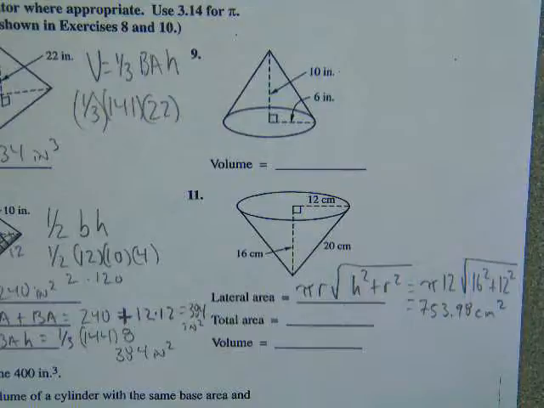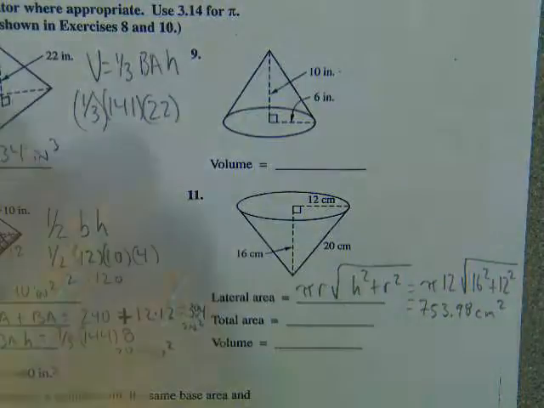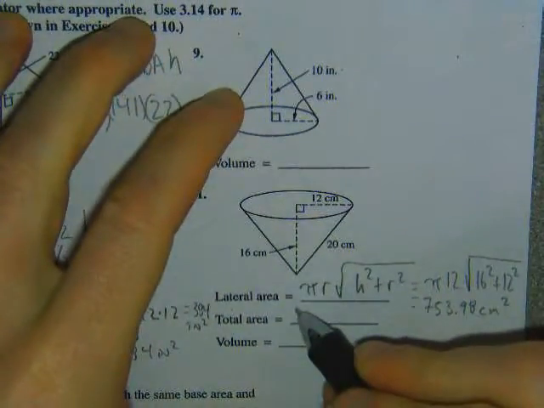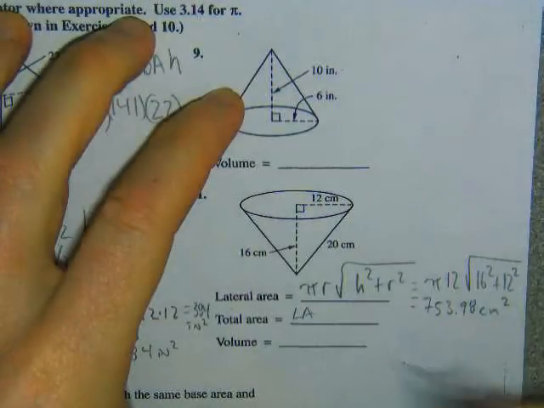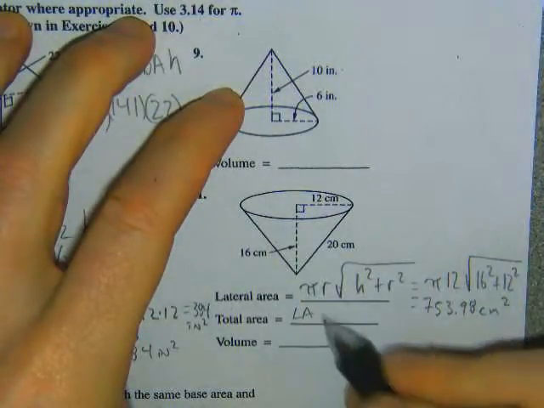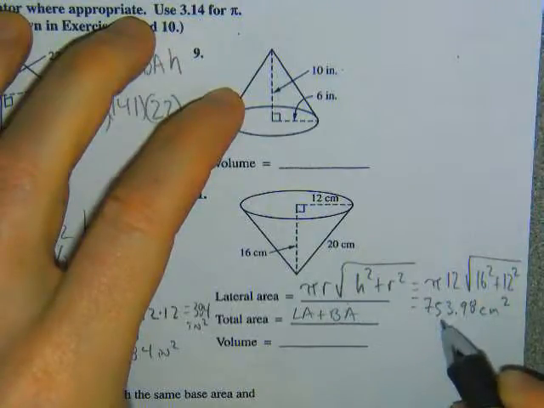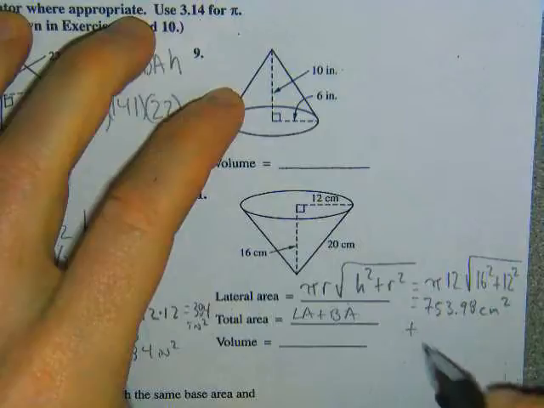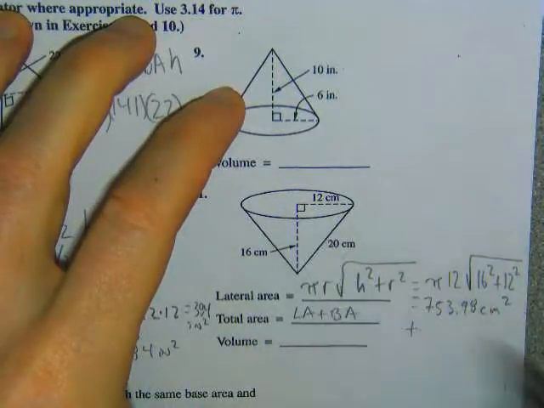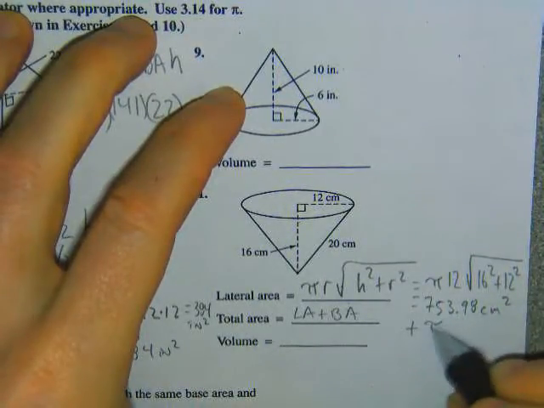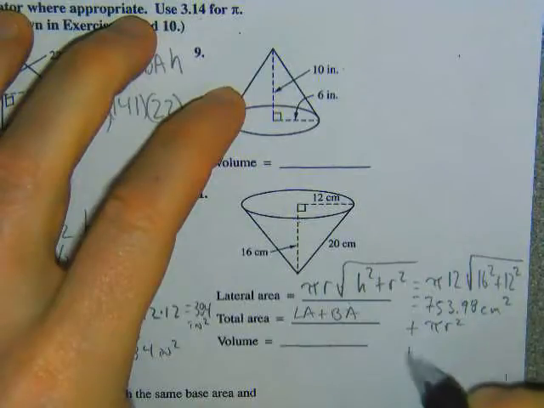Total area is lateral area plus base area. I already have the lateral area. So I'm just going to take the lateral area here and add it to the base area of a circle, which is pi r squared. So I'm going to add that to pi 12 squared.